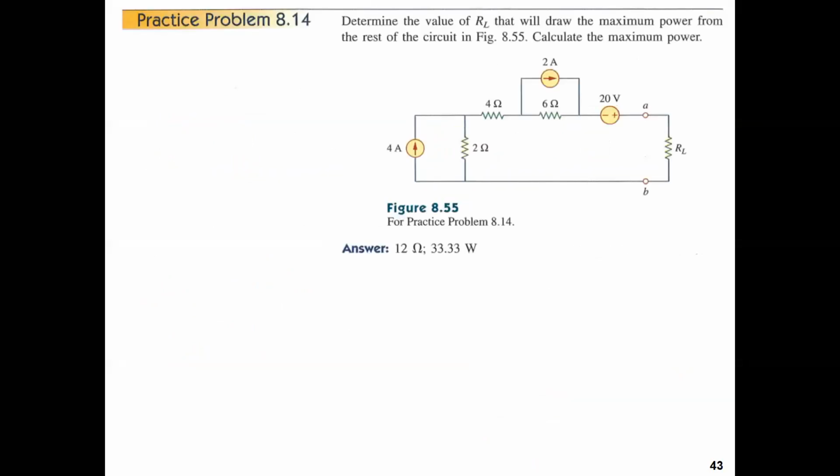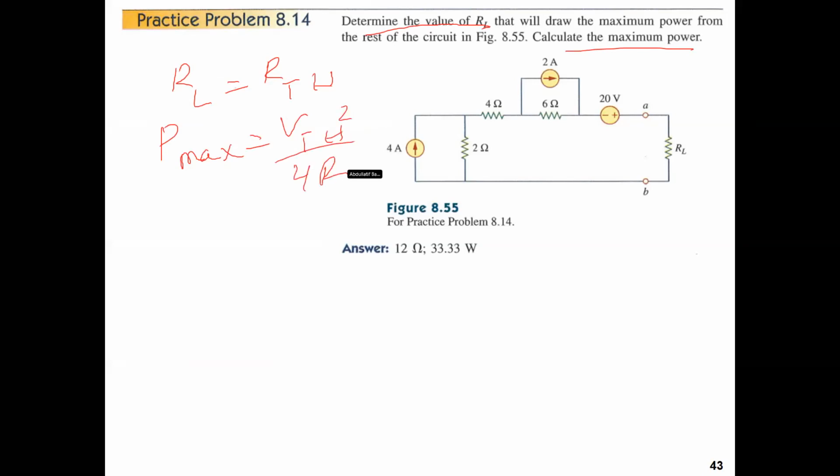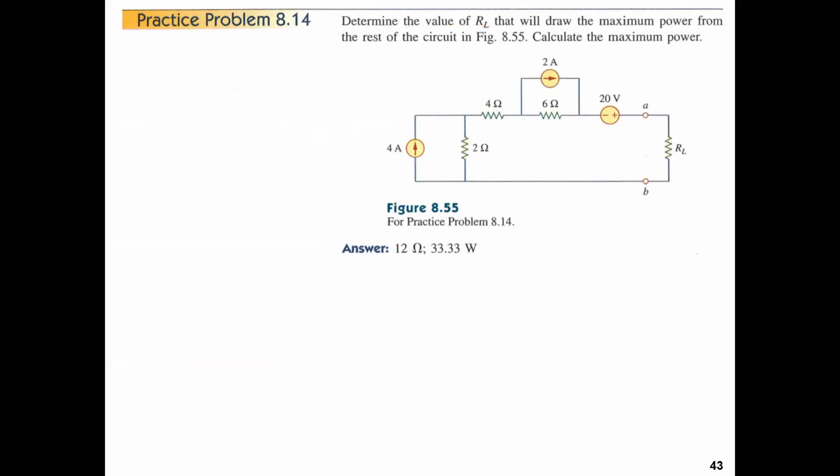Again, you could use the same approach here, but what we need to do is determine the RL, so that means RL equals RTH, and calculate the maximum power, Pmax equals VTH squared over 4RL or RTH. So basically, we need to find RTH and VTH. To find RTH, this is short, this is open, this is open.